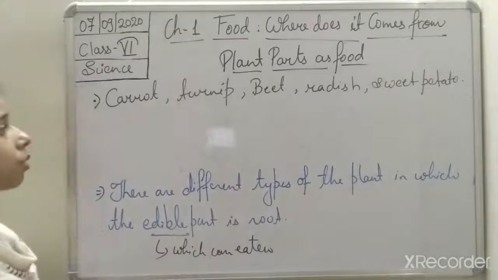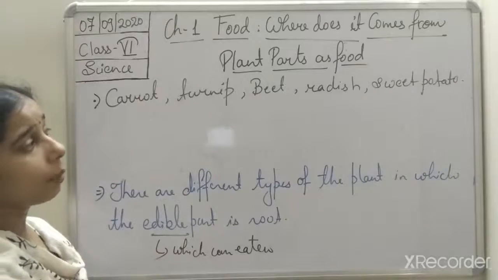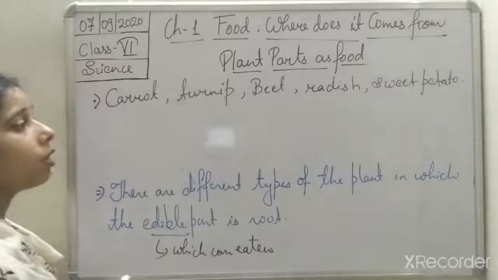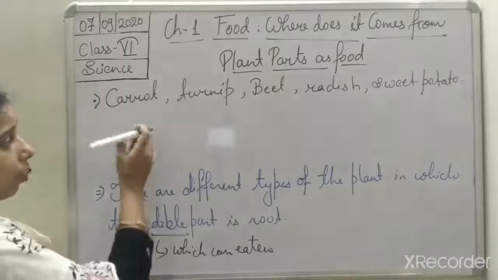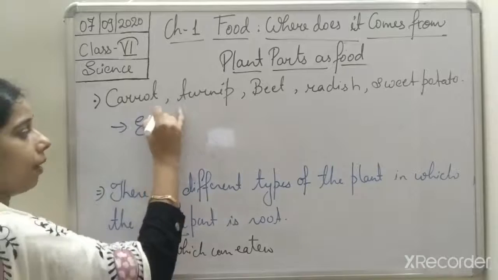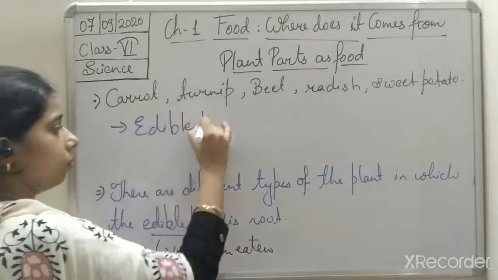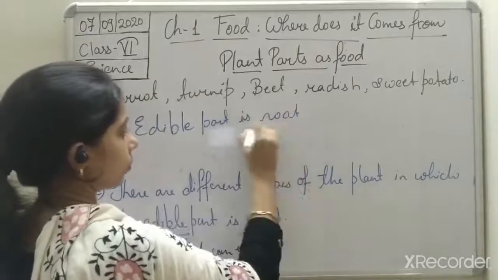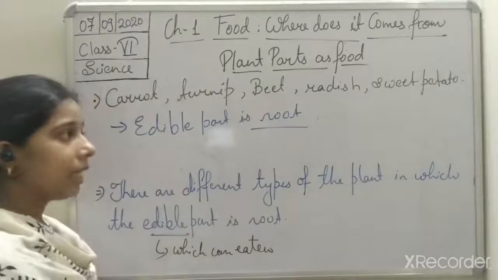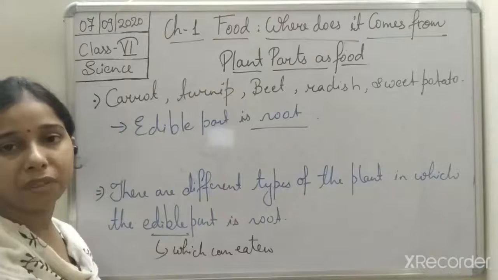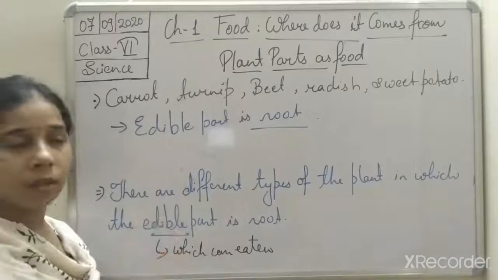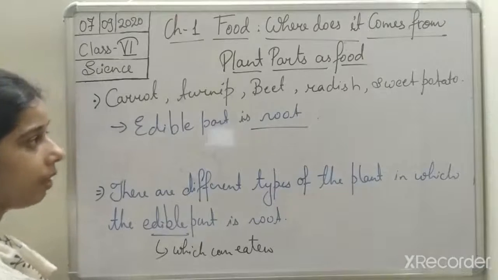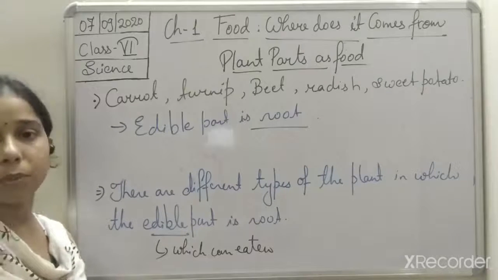Okay, so you see here, students, carrot, turnip, beetroot, radish, sweet potato. These are all plants in which the edible part is the root. So in all these crops, including the carrot, turnip, beet, radish and sweet potato, we eat the root of the plant.